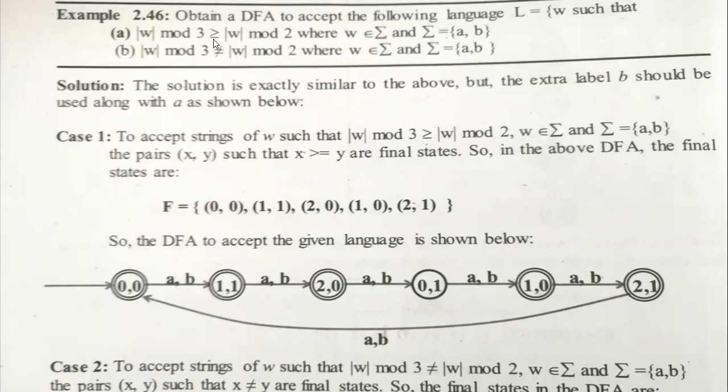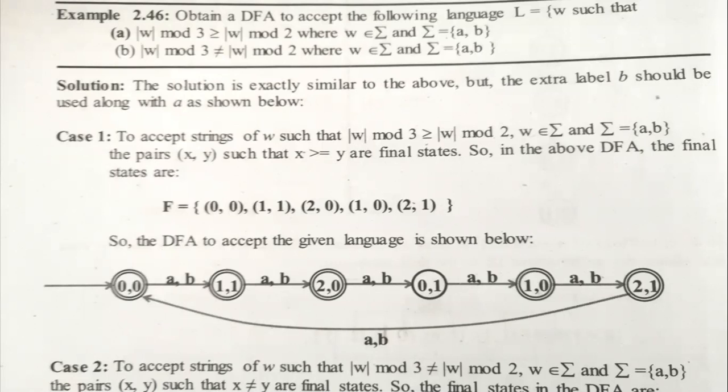Here earlier it was greater than or equal to, and here we have not equal to. Case 2: to accept strings W such that length of W mod 3 is not equal to length of W mod 2, where we have alphabet A comma B, the pair x comma y such that x is not equal to y are the final states.